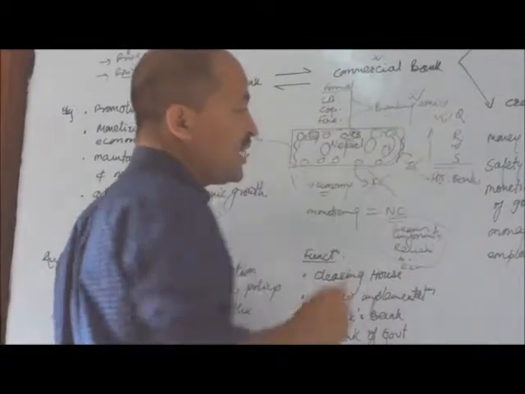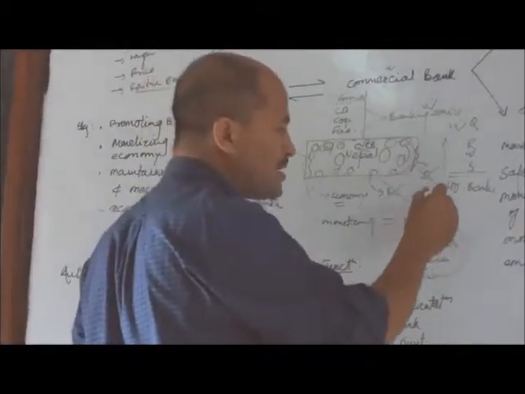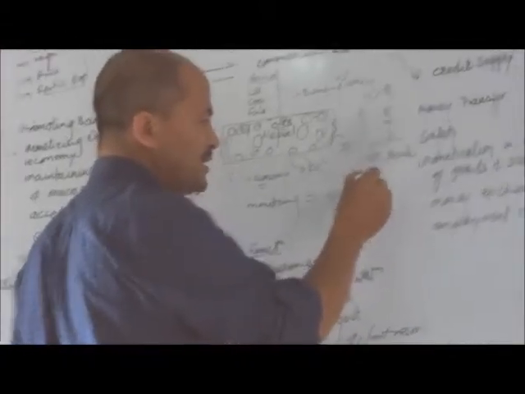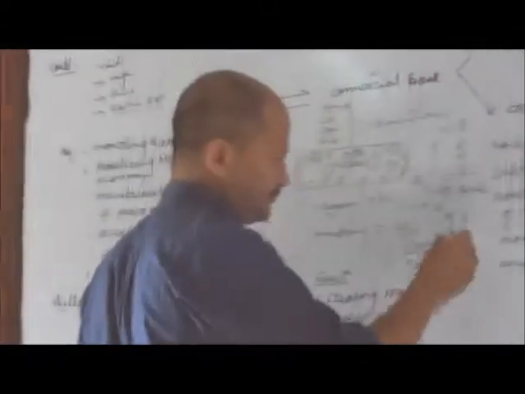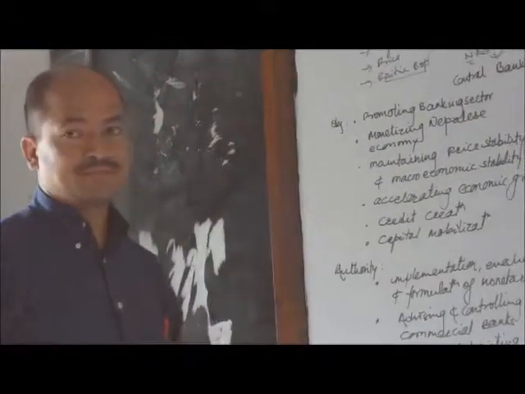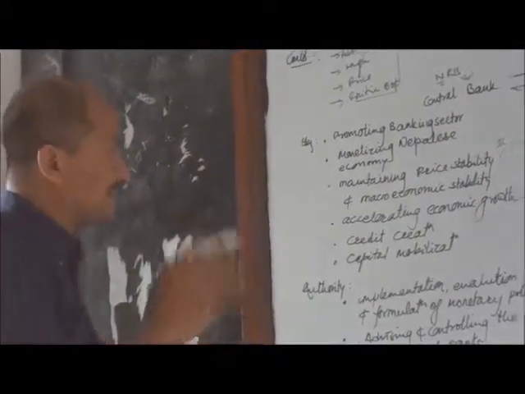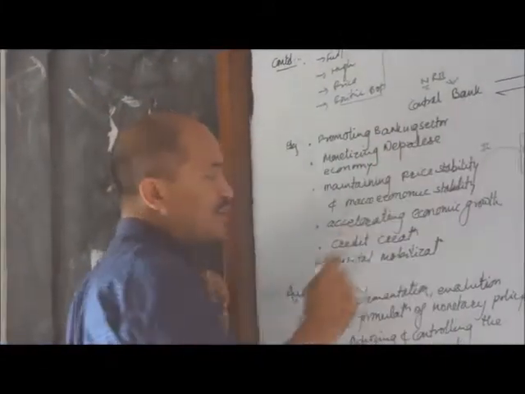And Nepal Rastra Bank's responsibility is to maintain and improve the standardization of the domestic banks, cooperatives and other institutions. This is the major responsibility, and this is the objective of the central bank.